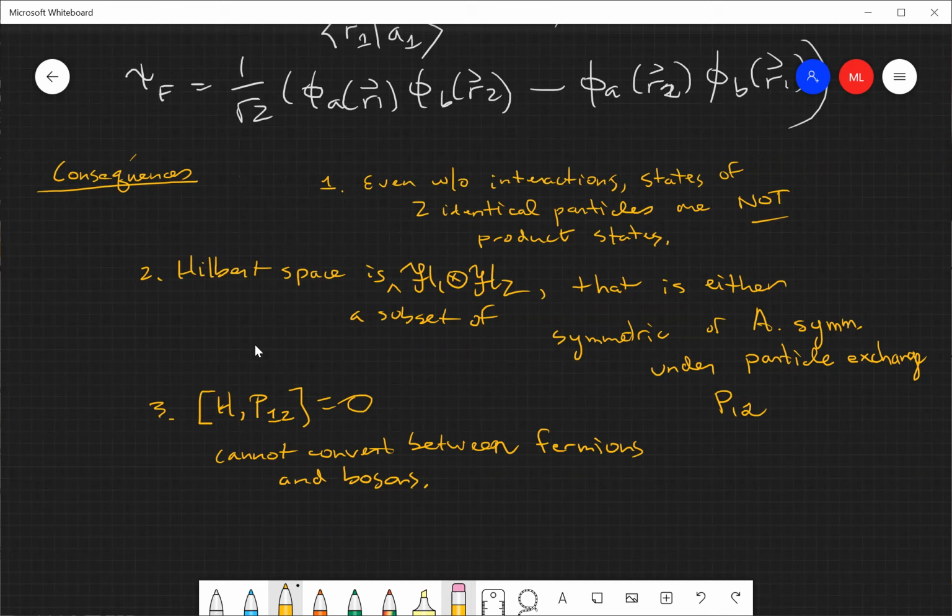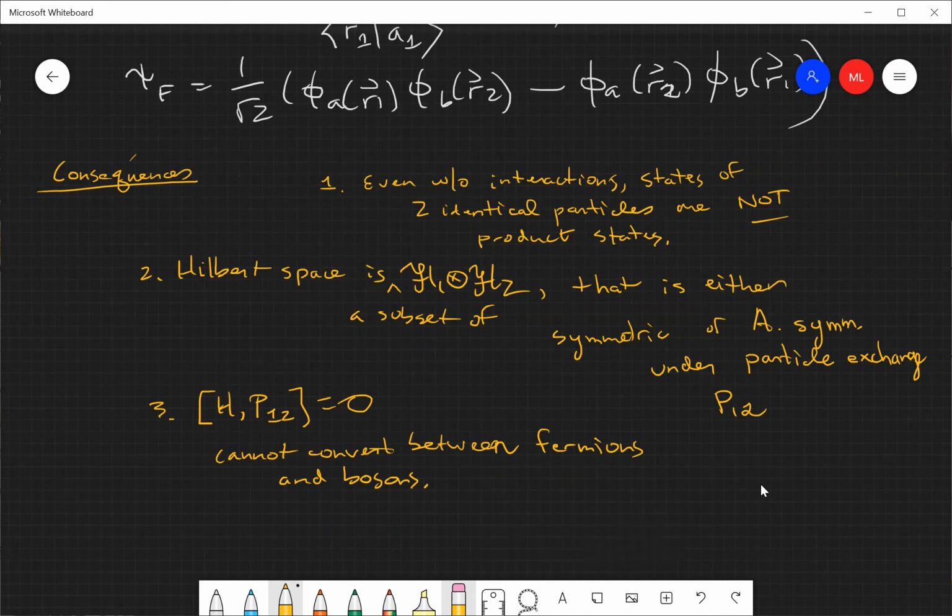Once you decide you're in that subspace of states that's symmetric, then you evolve within that subspace, and for anti-symmetric, same thing.